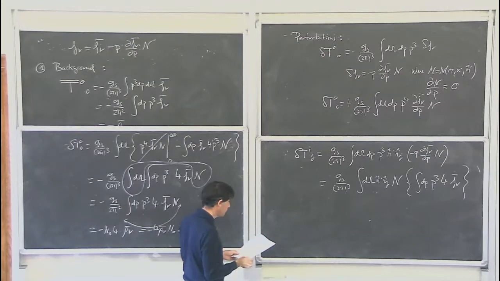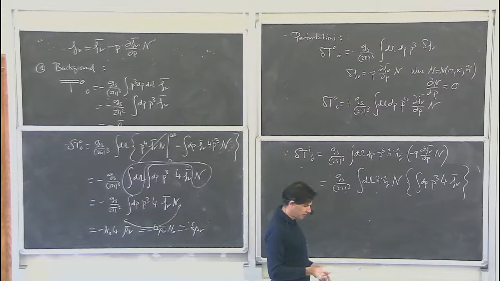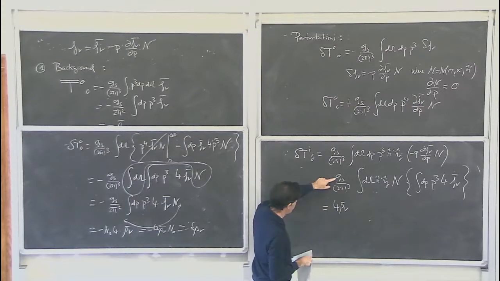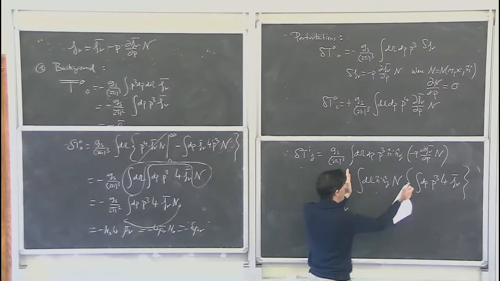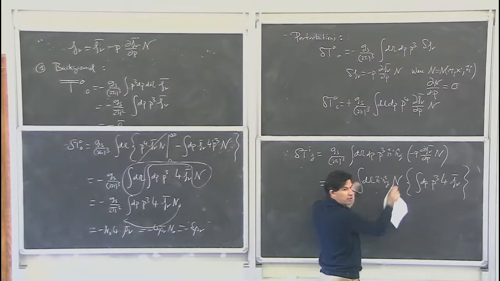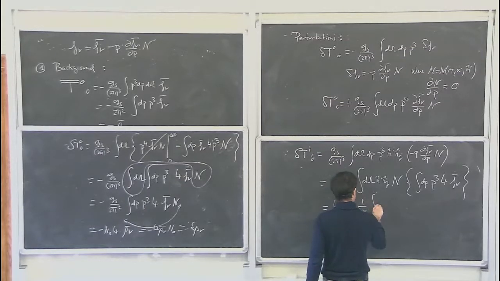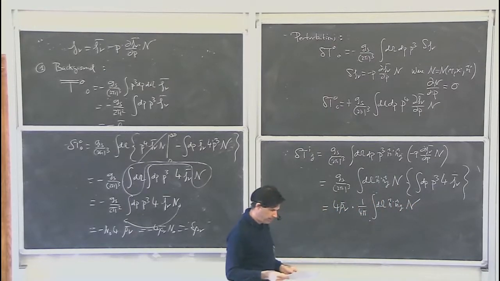So there will be something here that will give me 4 times the average energy density, provided that I take a factor of 1 over 2 pi squared. There is an extra factor of 1 over 4 pi, of course, which I put with this angular averaging integral.